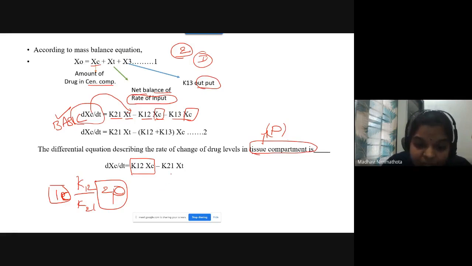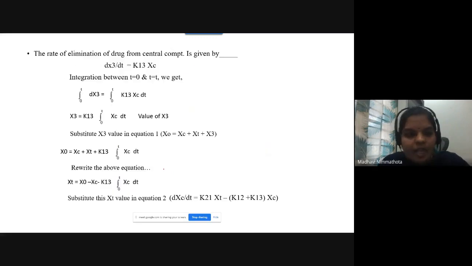So with respect to time, the plasma drug concentration will change from compartment 2 to 1, peripheral to the central. So your equation is K12XC minus K21XT. Then the rate of elimination. So you just forget about all this XC. You have to focus only on elimination.